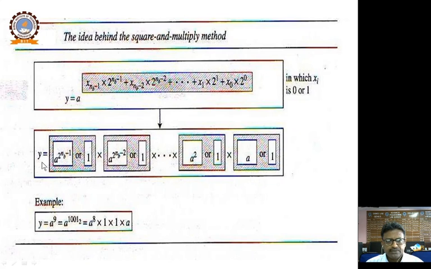So y is calculated as a to the power 2 to the nb minus 1 or 1, a to the power 2 to the nb minus 2 or 1, down to a square or 1, a or 1. The example is very simple, as illustrated in the last slide: a to the power 9 is converted into 1001. It means a to the power 8 into 1 into 1 into a.